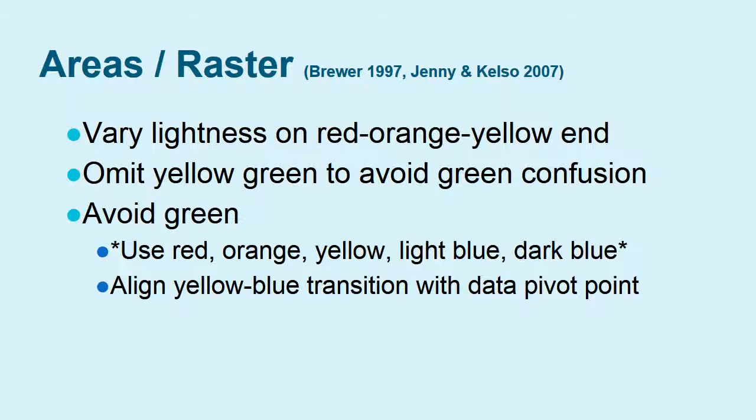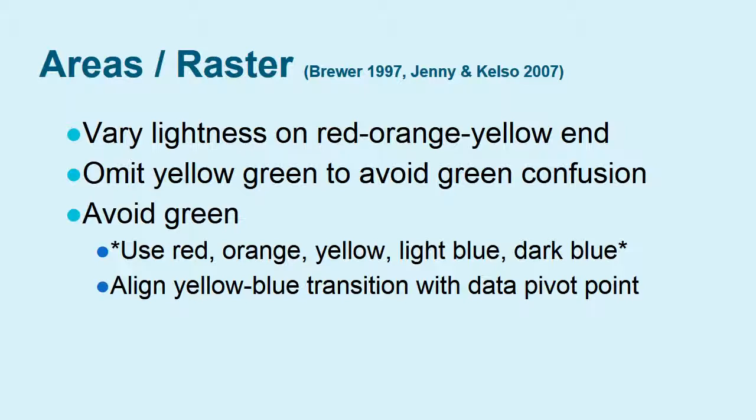Now, what if we're dealing with raster cells or areas? We can vary the lightness using a red, orange, yellow end of the spectrum. We can omit the yellow-green to avoid the green confusion. Okay, avoiding green altogether should work for most of the population.